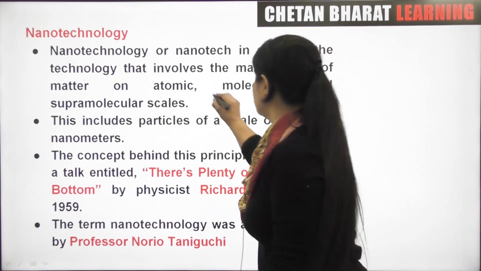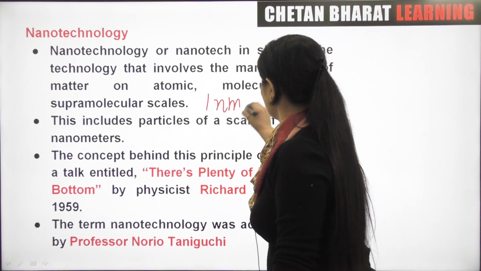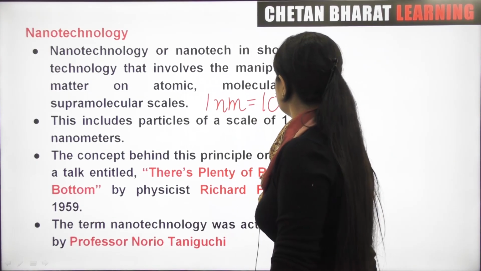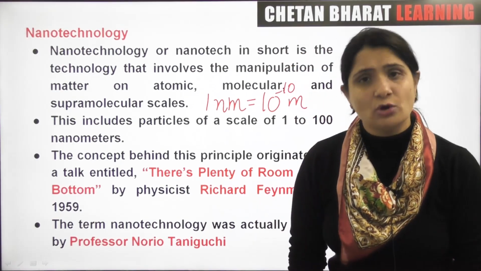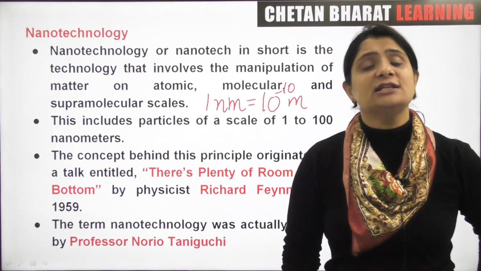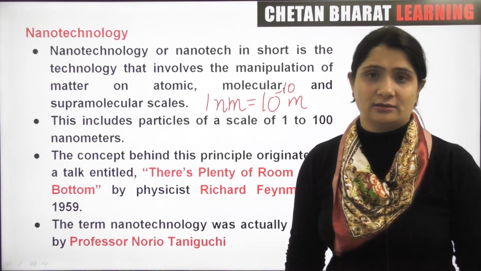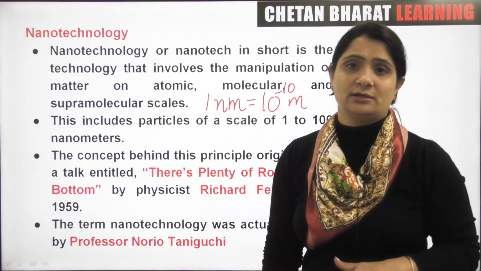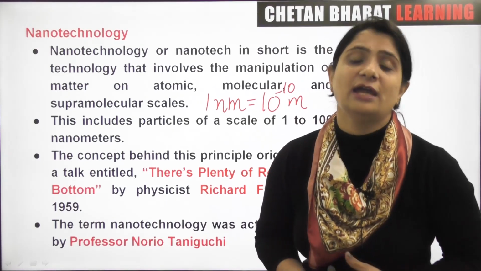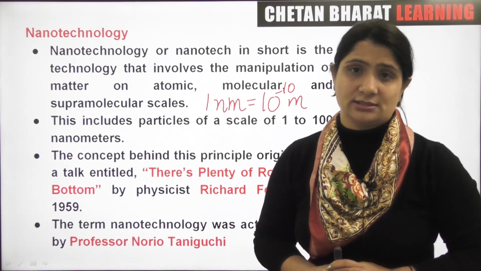So 1 nanometer is approximately 10 raised to power minus 10 meters, right? If we go on to such a small level, the particles start behaving in an altogether different manner. For example, gold particles appear transparent, and carbon particles start behaving as good conductors.